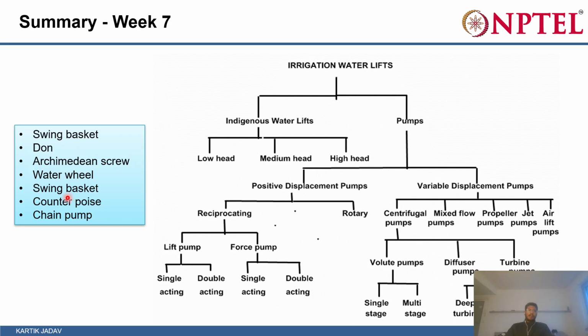These are different kinds of indigenous water lifts, and as of now, they are in use in certain remote areas where there is no electric, solar, or mechanical power, so they are still in use. But now most things are replaced with pumps, whether electrical pumps, diesel pumps, or solar operated pumps. So there are various kinds of power supply for pumps.